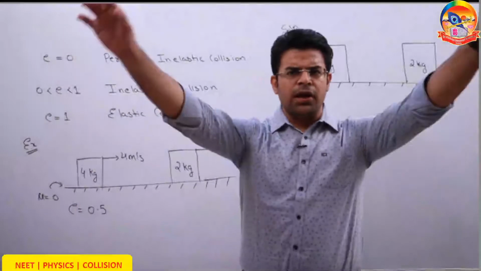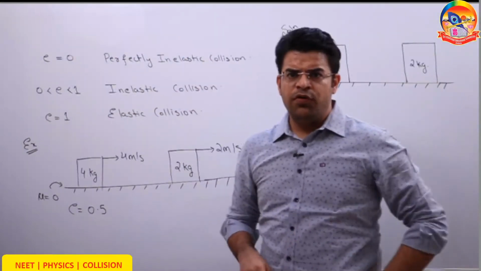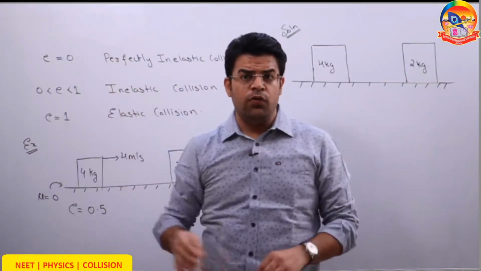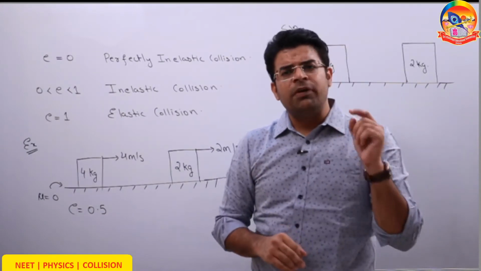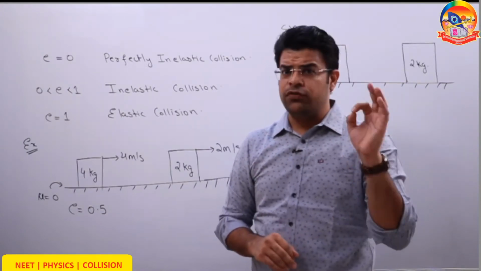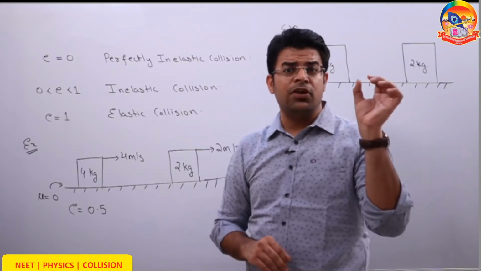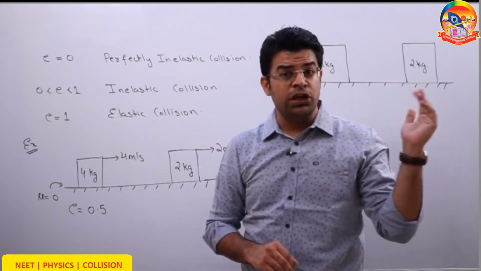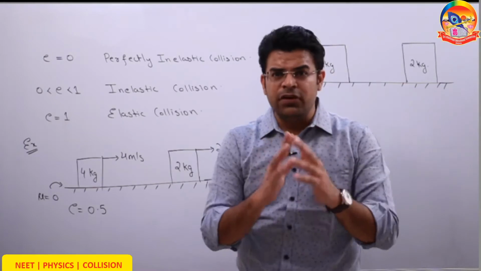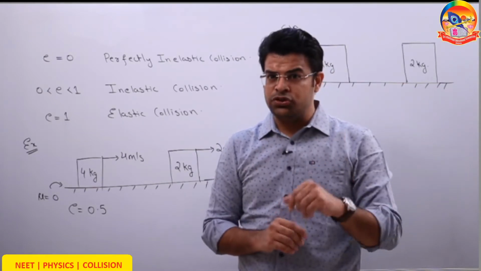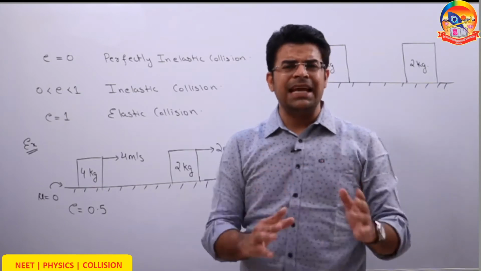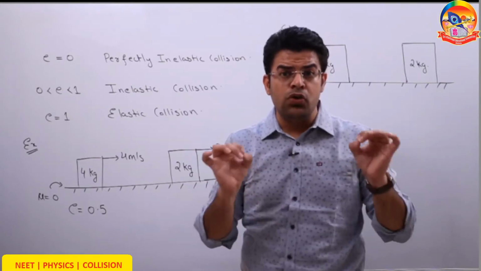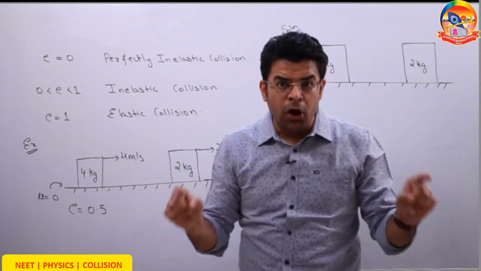So let's understand this topic more. Now talking about coefficients of restitution. First, coefficient of restitution is 0 for perfectly inelastic collision. In case of perfectly inelastic collision, since the coefficient of restitution is 0, we can say that velocity of separation upon velocity of approach equals 0. That means the velocity of separation is 0. When I say that velocity of separation is 0, it does not mean that bodies come to rest.